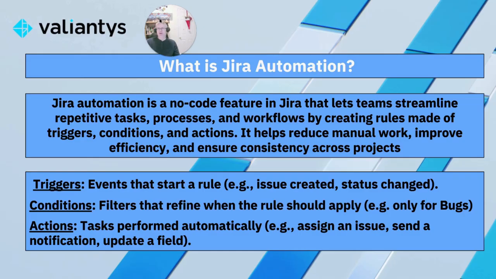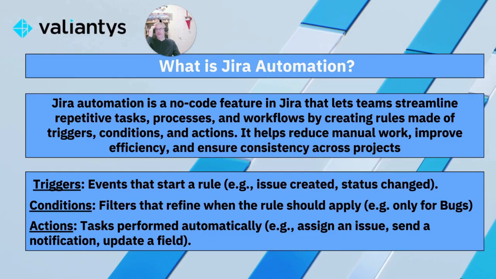Automations in Jira always consist of three elements. A trigger is the element in an automation rule that starts the rule, something that triggers something else to be done. You can optionally create conditions, essentially filters that refine when the rule should apply. For example, you want the rule only to kick in for certain work items, for example, for bugs.